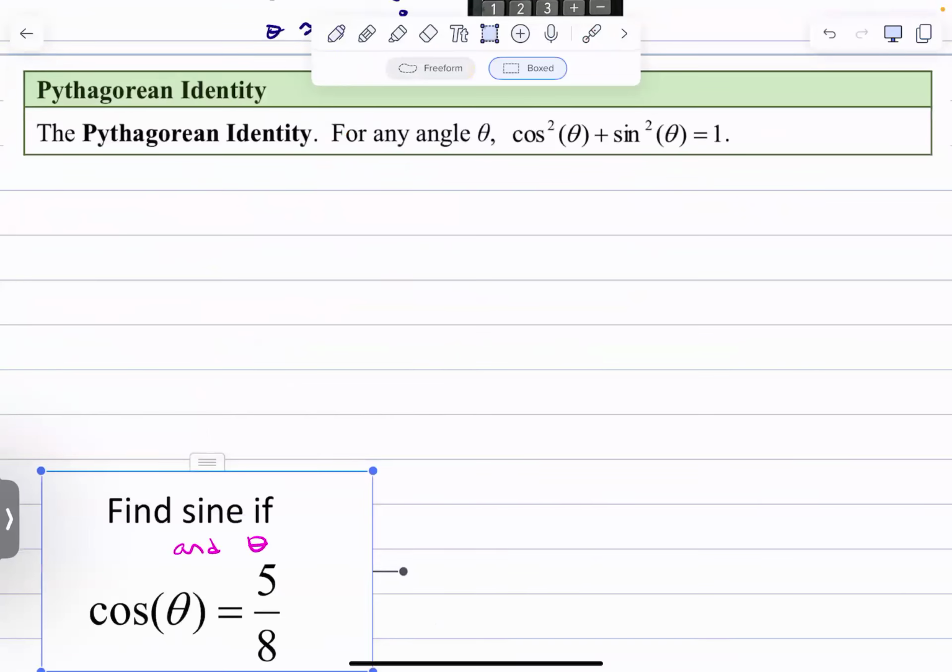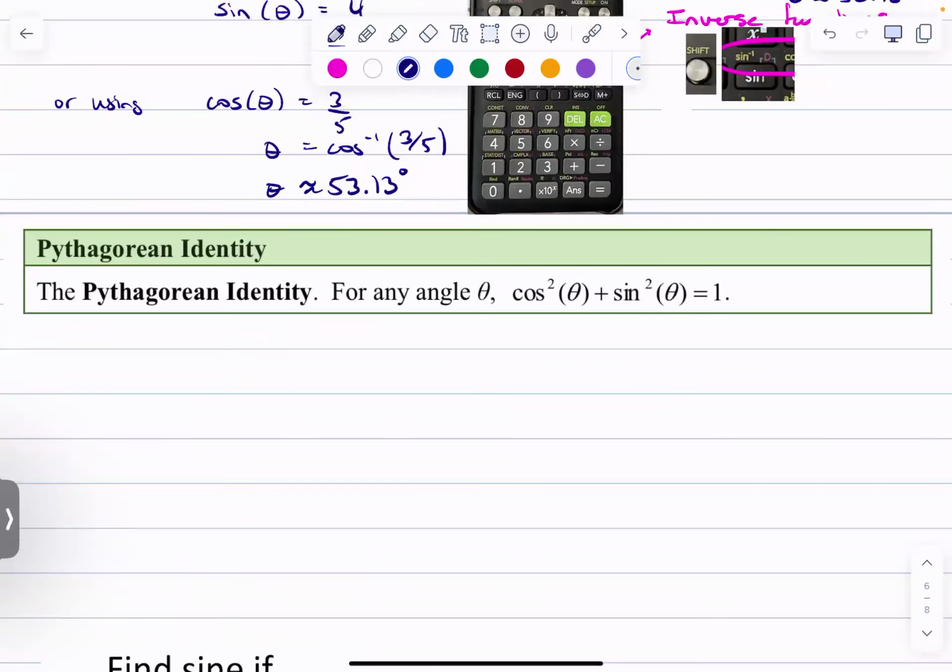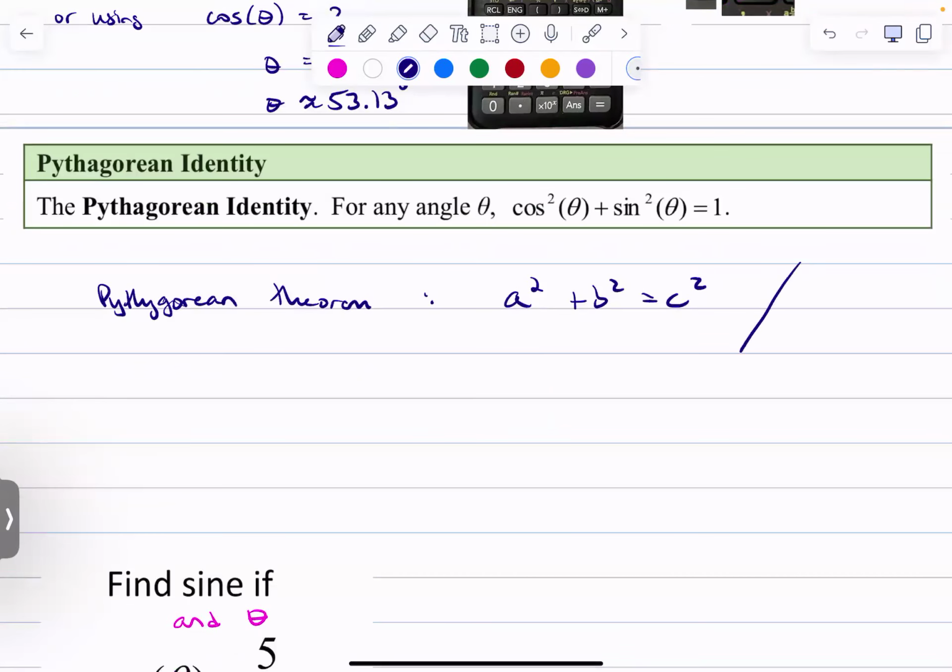Let's move this down here. The Pythagorean theorem is that a squared plus b squared is equal to c squared in a right triangle.